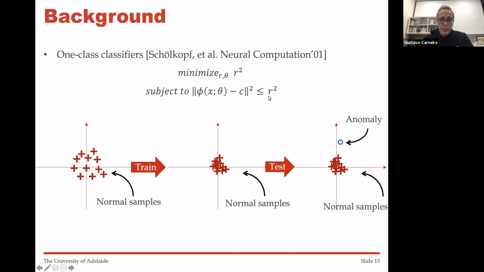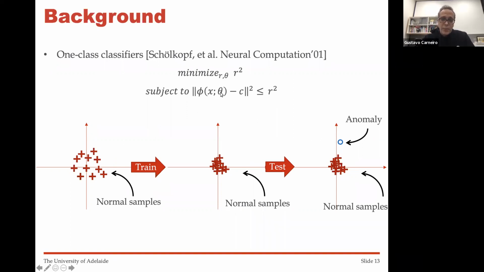One is you try to minimize the radius of the distribution of the samples. So imagine you have a sphere around the samples, and you minimize the radius of this sphere such that the samples get closer and closer together.